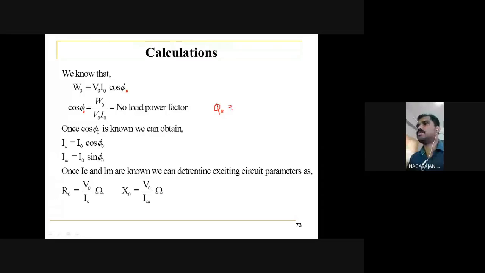It is cos inverse of W naught divided by V naught, I naught.